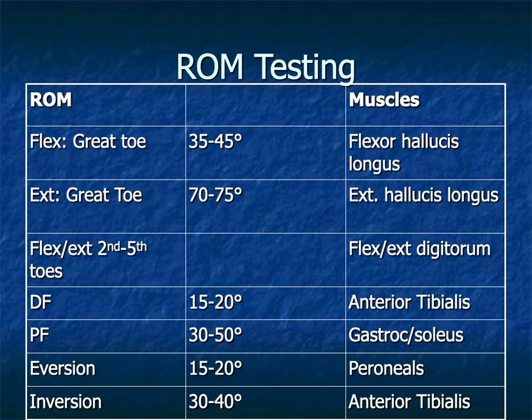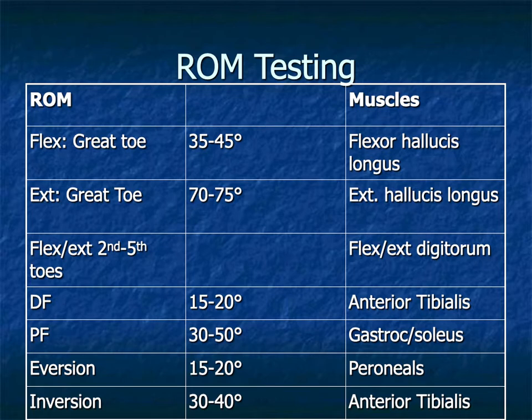We would have the person do plantar flexion with the good side first and dorsiflexion on the good side. Then you would compare that to the injured side, have them plantar flex and dorsiflex, and see if they have any decreased range of motion.